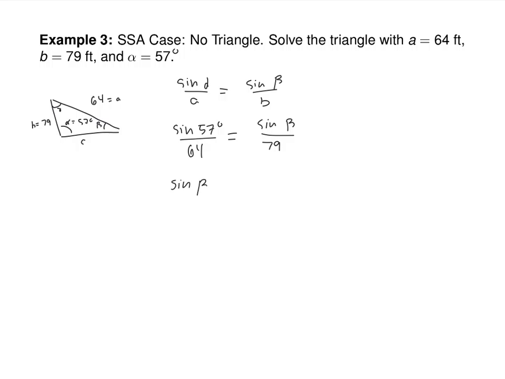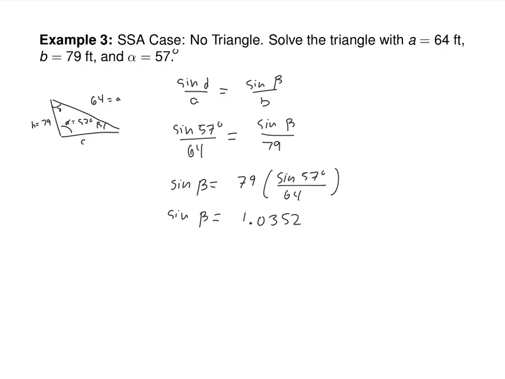And so sine of beta is 79 times sine of 57 over 64. And so what do you get for sine beta? 1.0352.